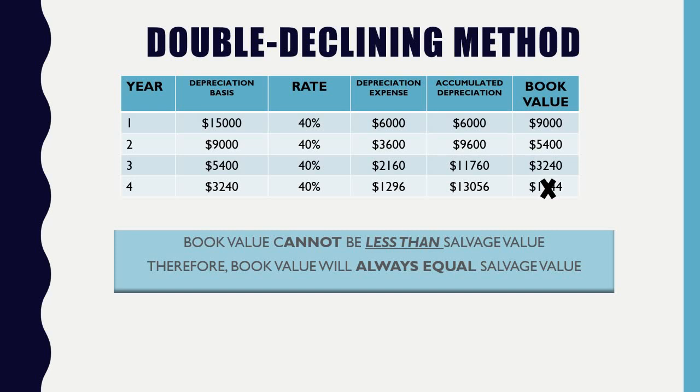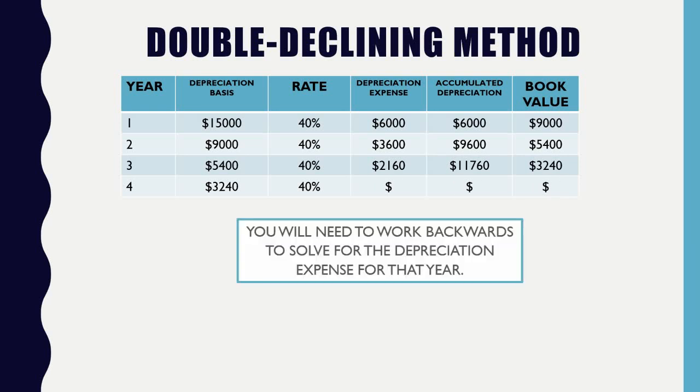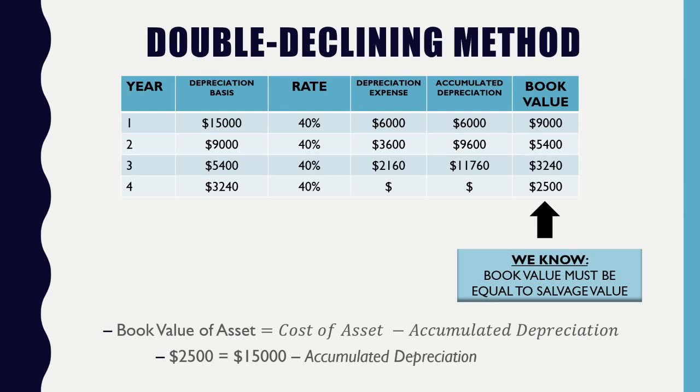So in this case, we know at least one thing. At the end of its life, so in this case it ended in 4 years, my book value must equal salvage value. That's the least that we know, right? So at the end of the year, my book value should equal salvage value. So therefore, it should be 2,500.